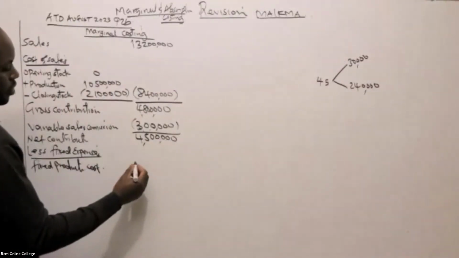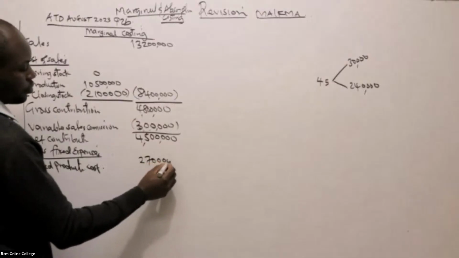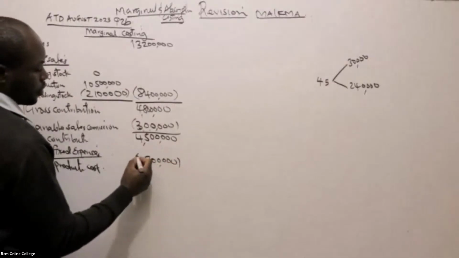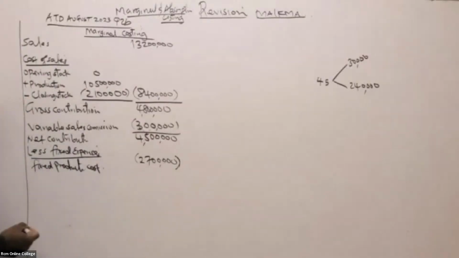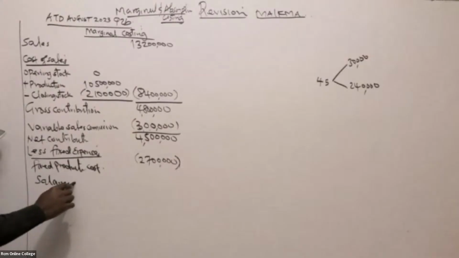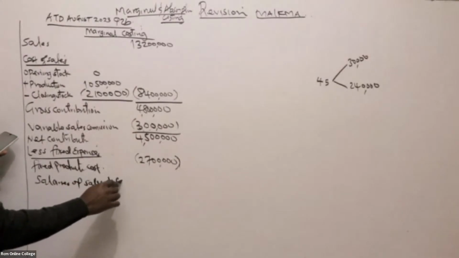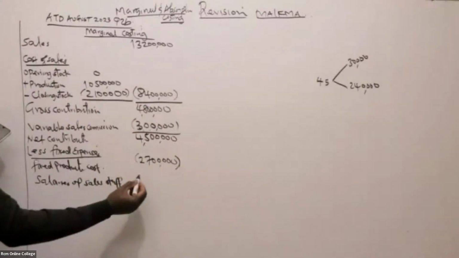So that's what we need to record here, 2,700,000. Then we now need to less the fixed selling and distribution expenses. One of them is salaries of sales staff. That is 450,000.